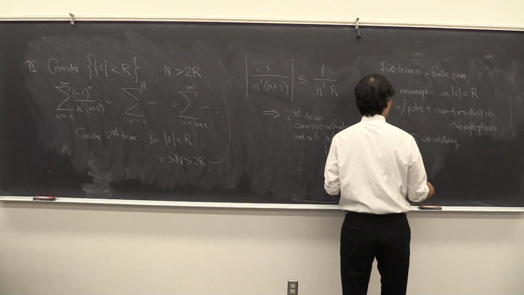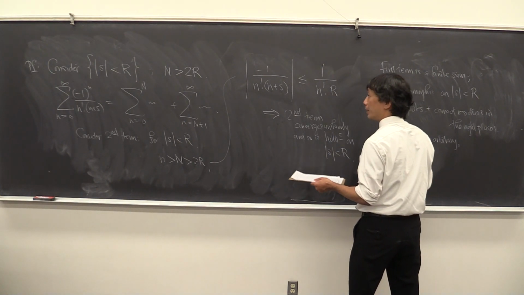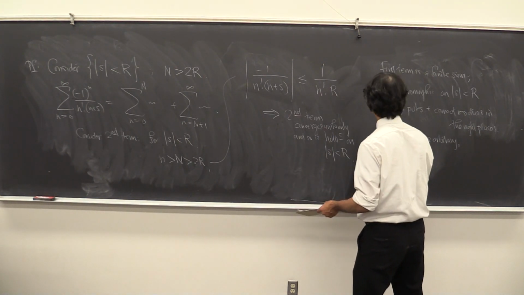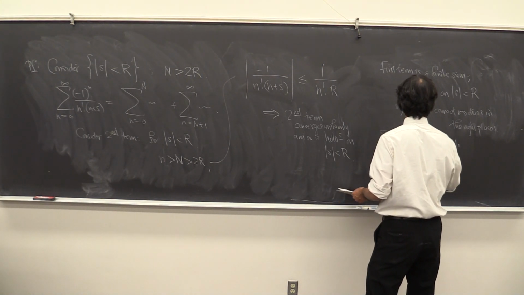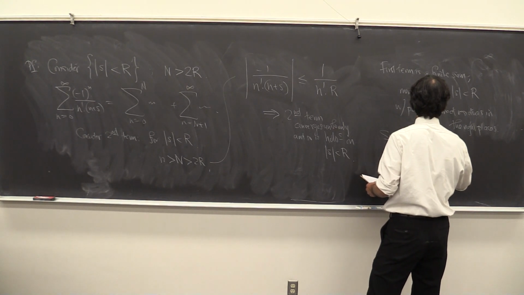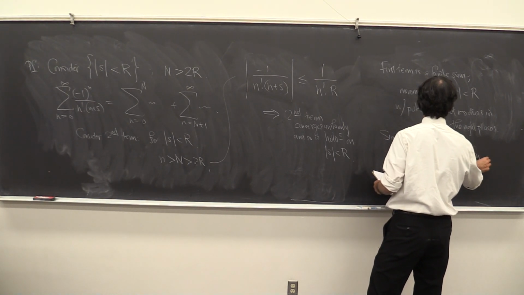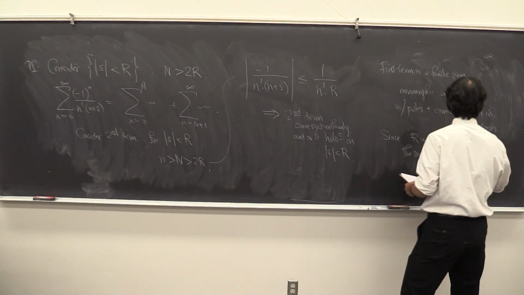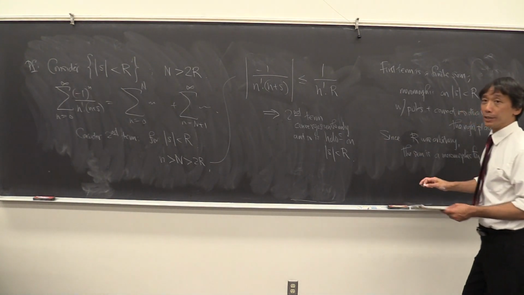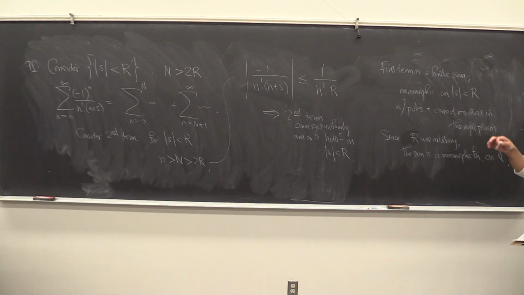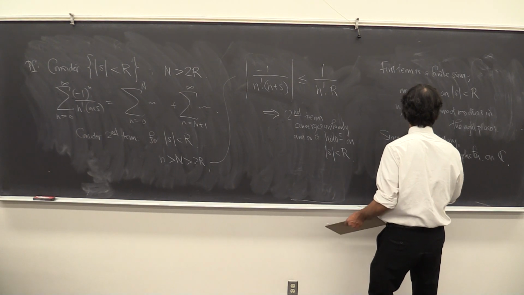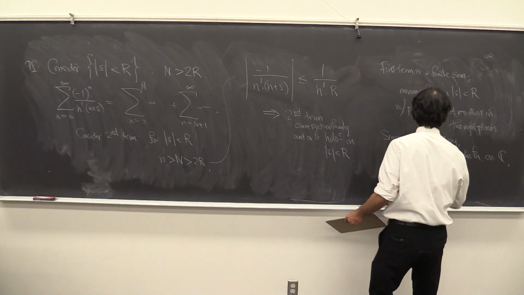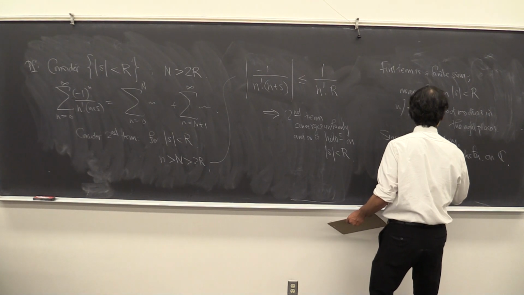Since r was arbitrary, we know that the sum is what we wanted: a meromorphic function on the entire plane with poles in the right places and the right residues, with the correct poles and residues.